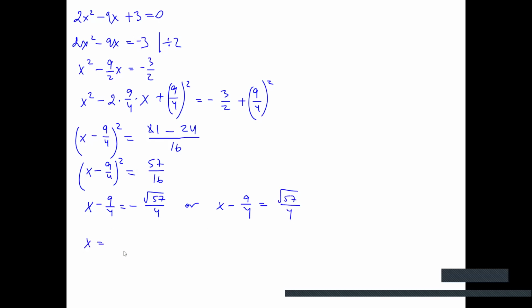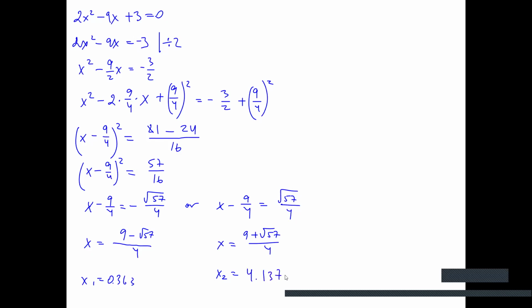So x is 9 minus root of 57 over 4. X is 9 plus root of 57 over 4. Now let's calculate. 0.363. 4.137.